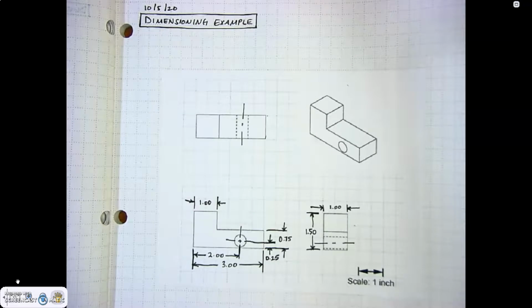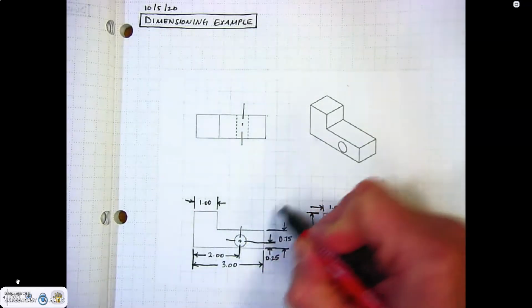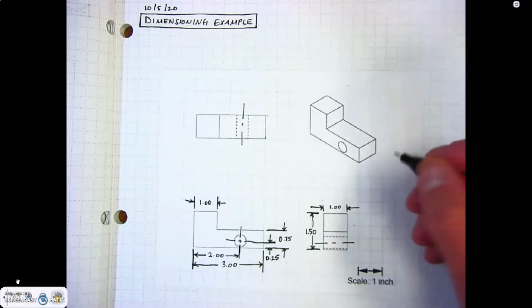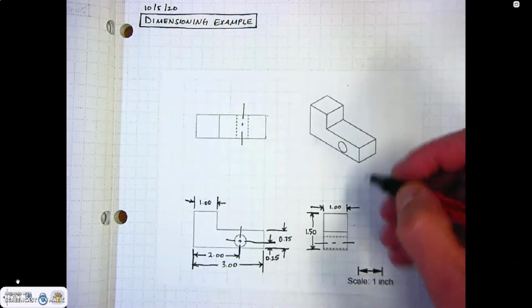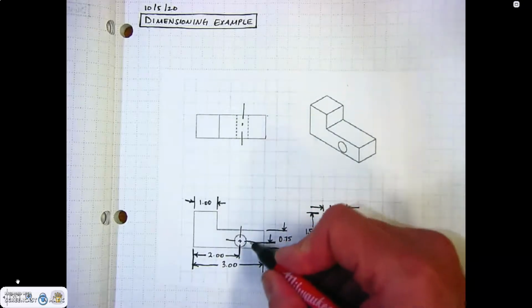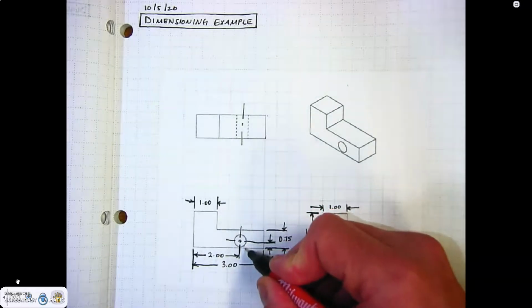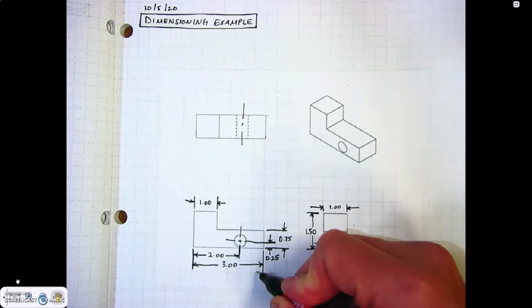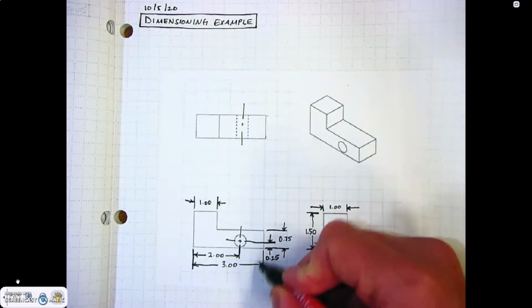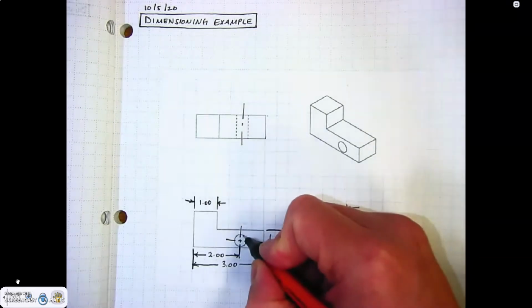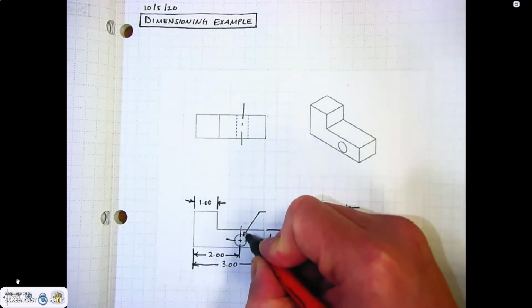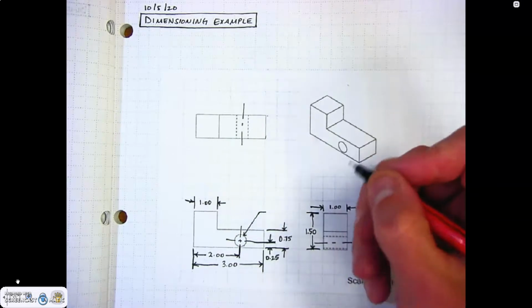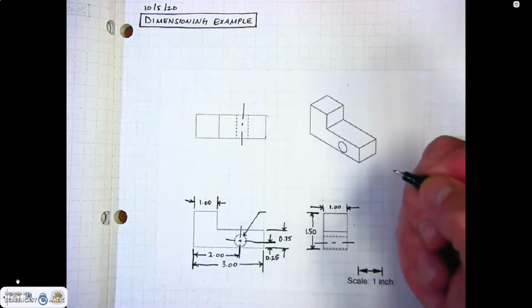One thing that I need to go back and look to make sure to do, I need to know the size of this hole. And so I always like to do that at the end after I've included all of the height, width, and depth dimensions, because now I know that I don't want to draw my leader line through this object right here, through this dimension line or through these extension lines. So I know that I can put my leader line right here and I can dimension the diameter of that hole.